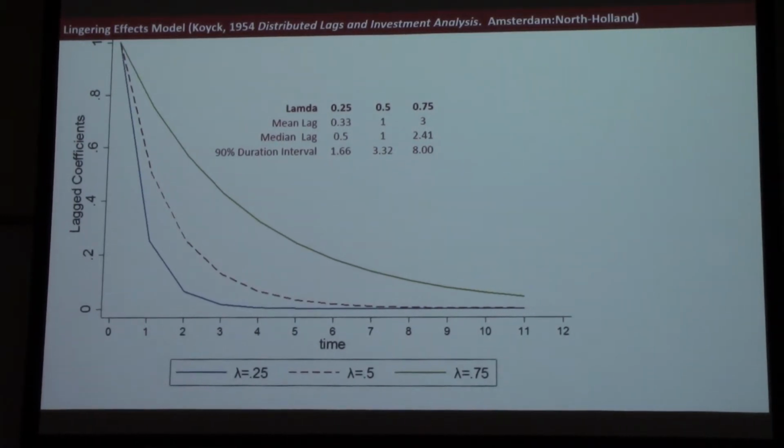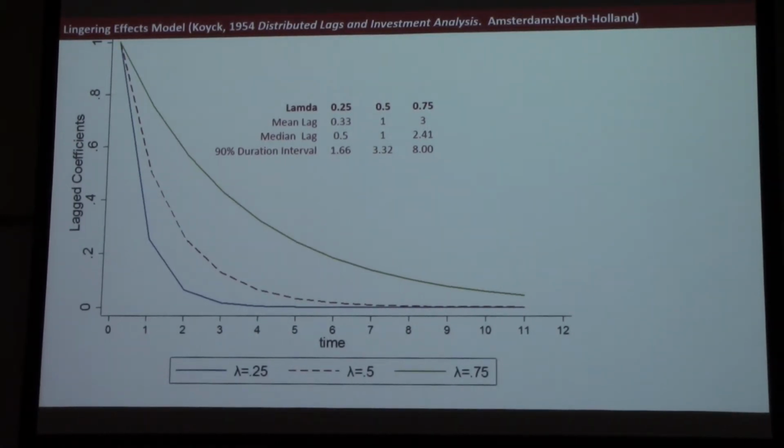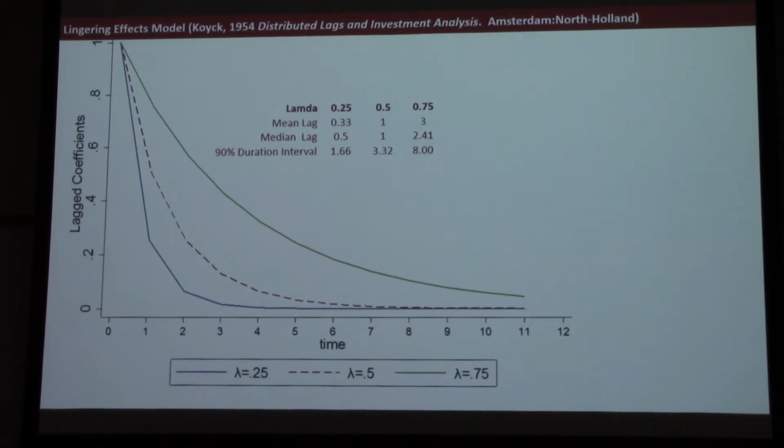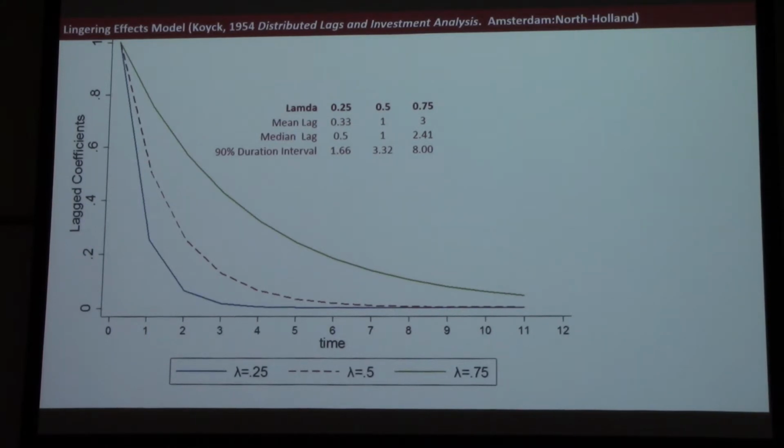So the bigger the lambda, the more of the effect of advertising is carried over into the next period, and the longer the effect of advertising is going to last. Think of it as modeling how much we remember of a firm's advertising effects. Does this make sense? This is a little bit different than the parabola. With the parabola, we're saying that the effects of advertising can grow over time and then start to die out.